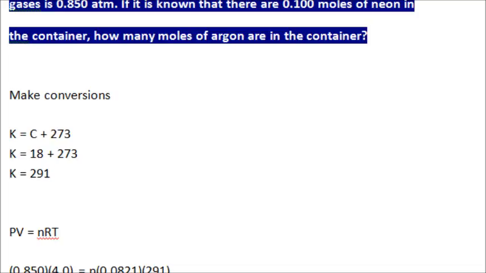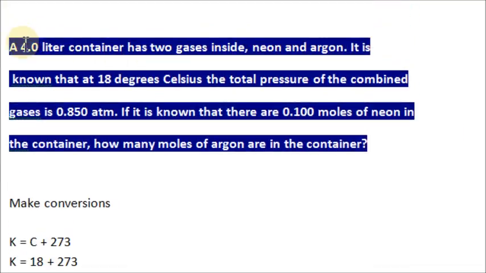In PV equals nRT, we are given the volume, temperature, and pressure. Are we given n? That's my question to you. We're dealing with 2 gases, neon and argon.